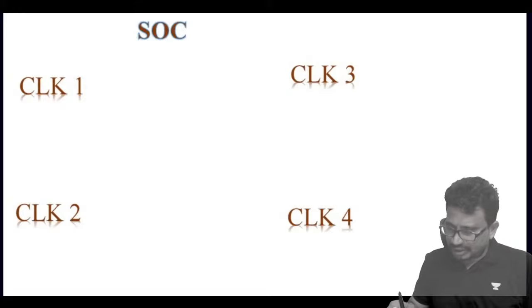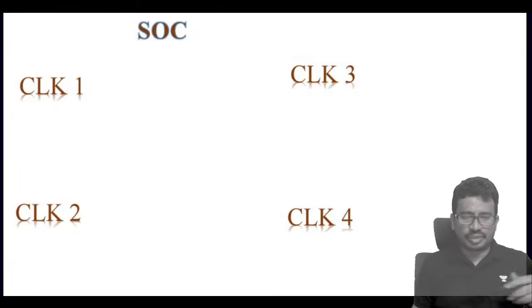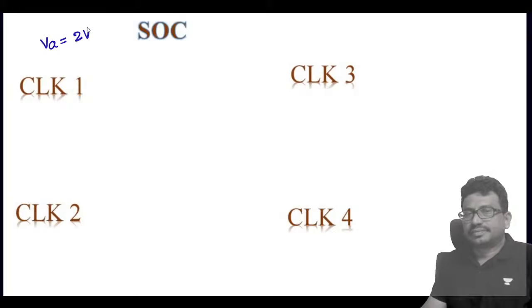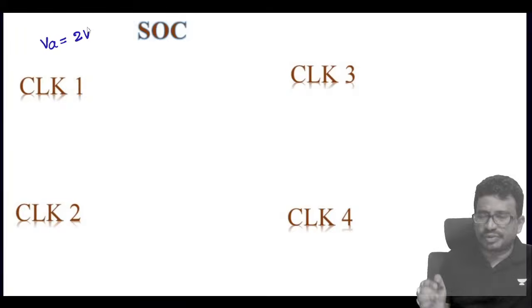Now let us say here we have given an analog input. Assume this value given as something. Let us say 2 volts we have given. Consider. Now first clock, so we have considered a 4-bit.